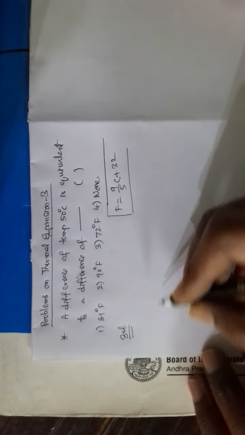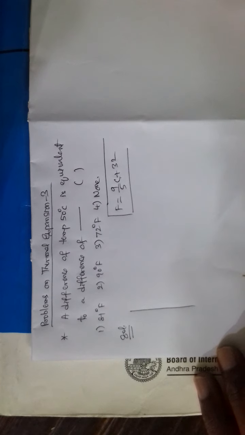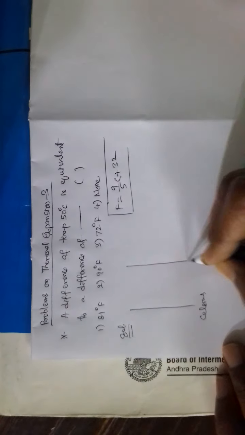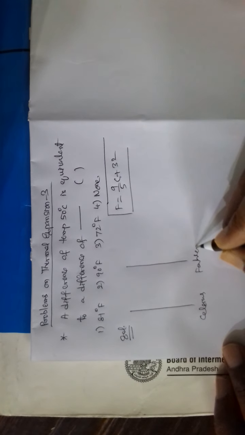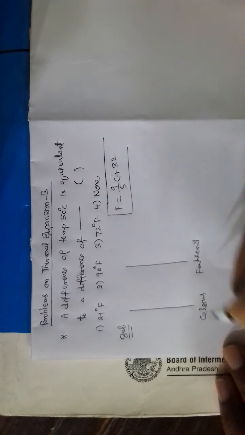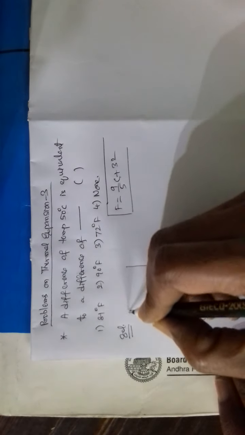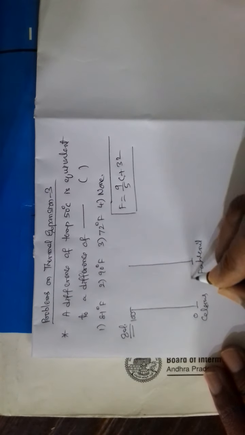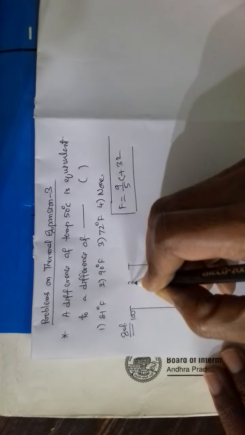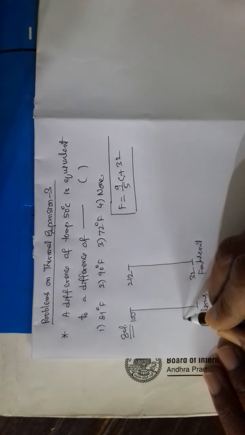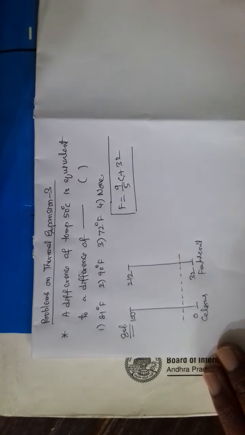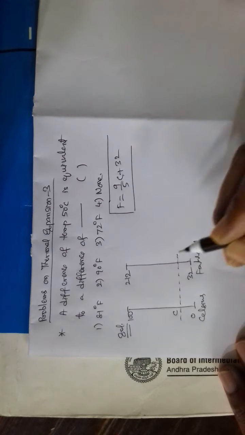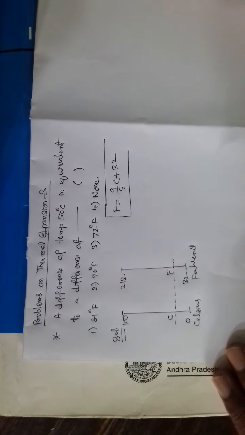Okay, let me tell you the method. First let us derive the formula. In Celsius scale, lower fixed point is 0, upper fixed point is 100. In Fahrenheit, lower fixed point is 32, upper fixed point is 212. Now let us choose the same temperature on both scales. Here the temperature is in Celsius and here the temperature is in Fahrenheit.